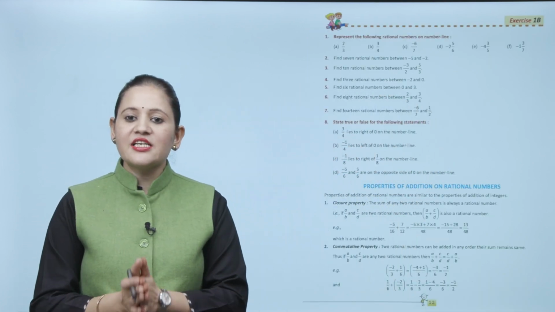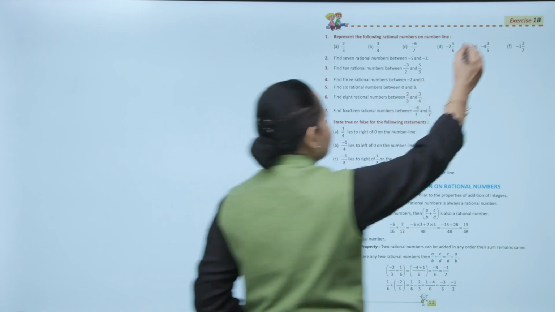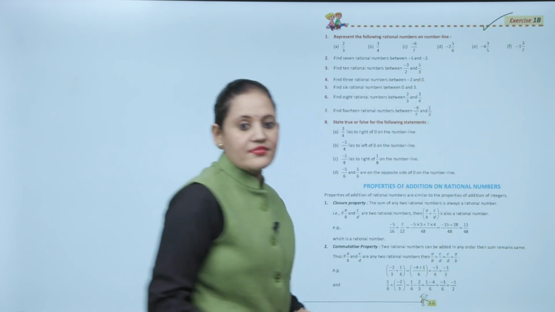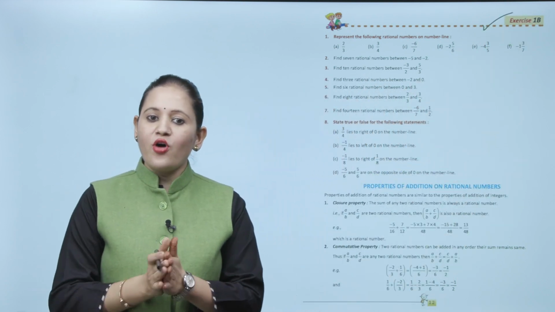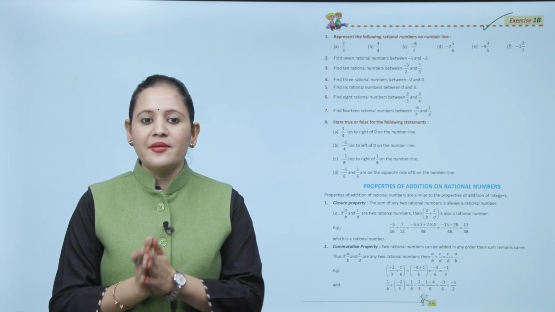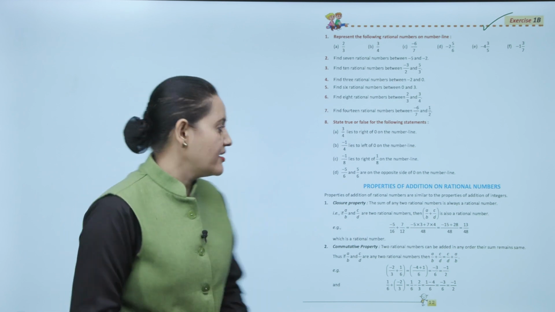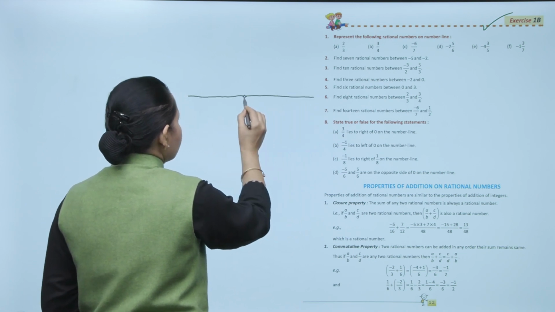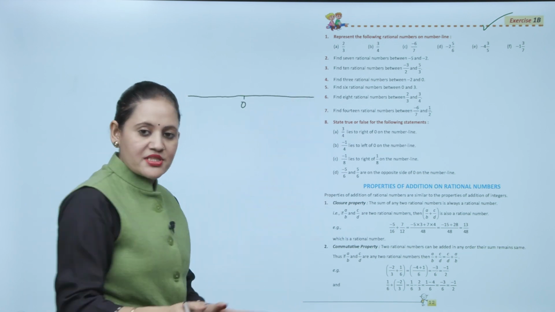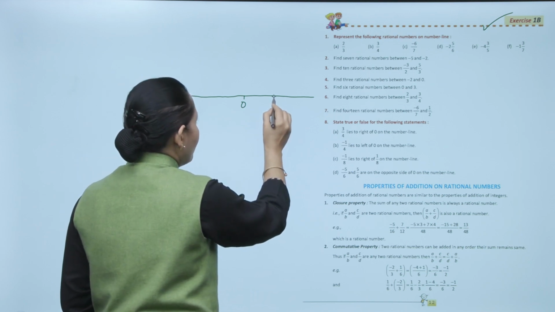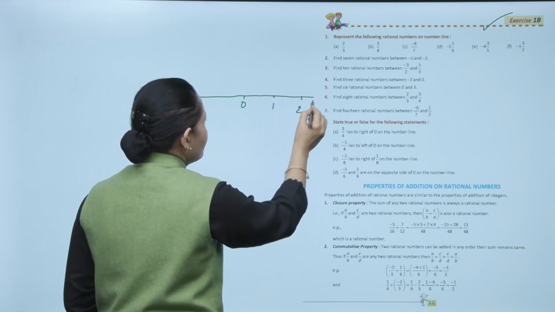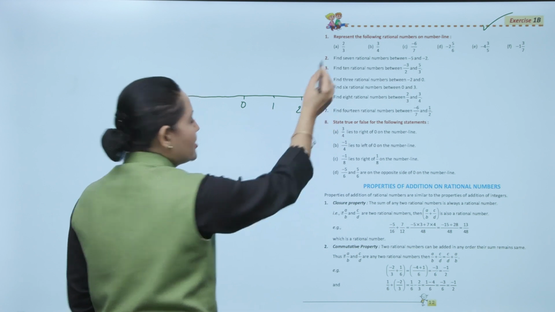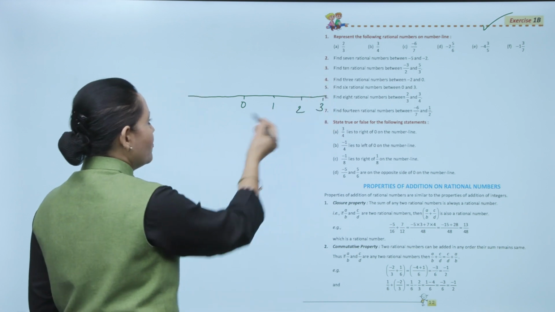Next is Exercise 1B. Represent the following rational numbers on the number line. First is 2/3. So first we'll make a number line. This is 0. 2/3 is a positive number. As we know 3/3 will represent 1.